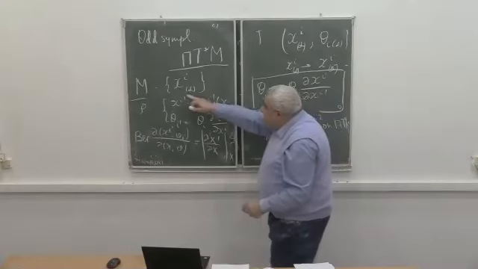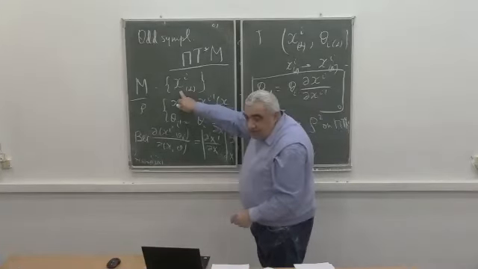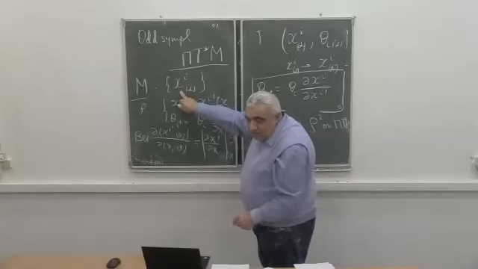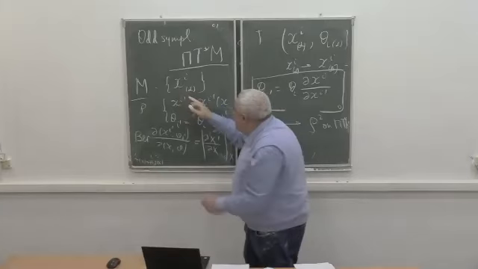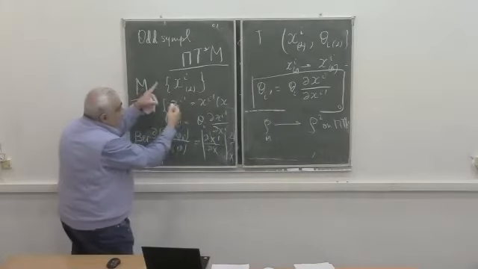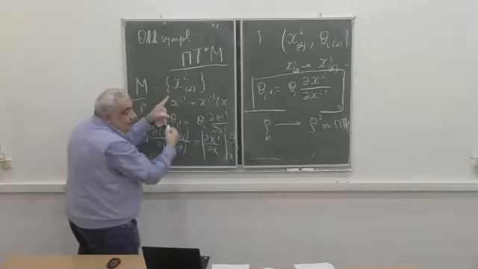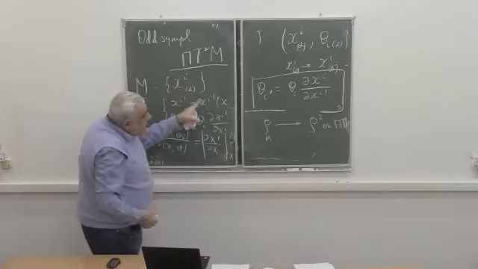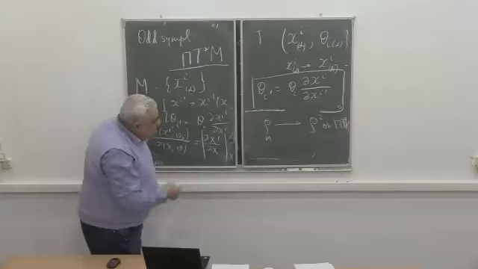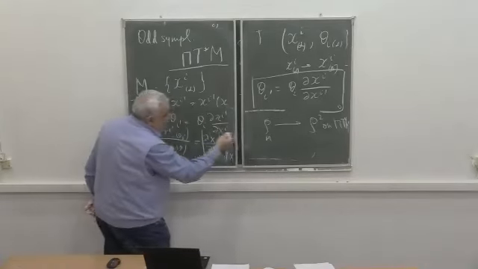For example, let's consider a unimodular atlas on X. A unimodular atlas is an atlas such that the change of coordinates has Jacobian equal to 1. If you have a unimodular atlas on X, all the forms will be the coordinate volume form, and rho will be the coordinate volume form.